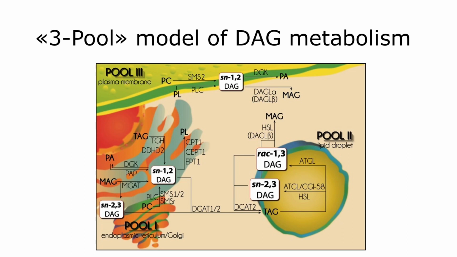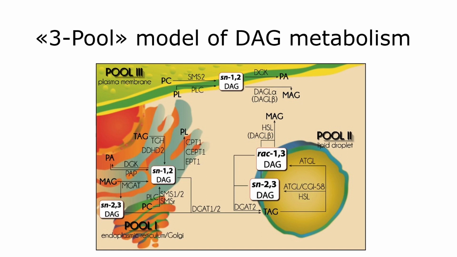According to this model, there are three pools of DAG in the cell. The first one is located in the endoplasmic reticulum or Golgi apparatus. These diacylglycerol isomers, sn-1,2 and sn-1,3, are only used to get triacylglycerol and other compounds.